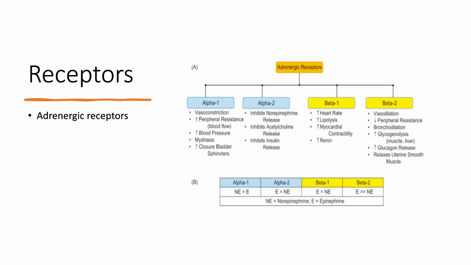As we know, there are two types of adrenergic receptors, which are alpha and beta receptors. Alpha receptors are found in the vascular system and are divided into two types, alpha-1 and alpha-2. The alpha-1 receptor is responsible for increasing vascular resistance, which leads to an increase in blood pressure.